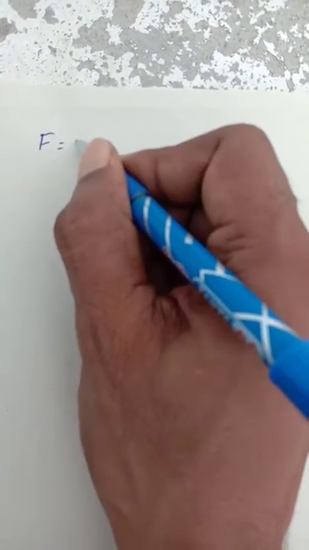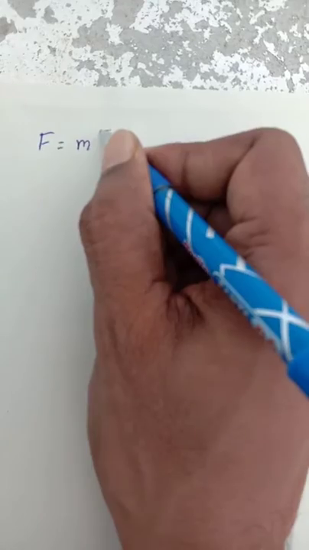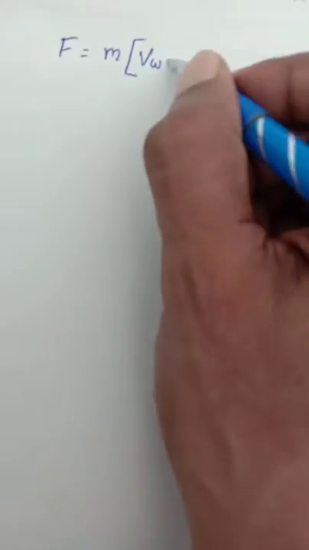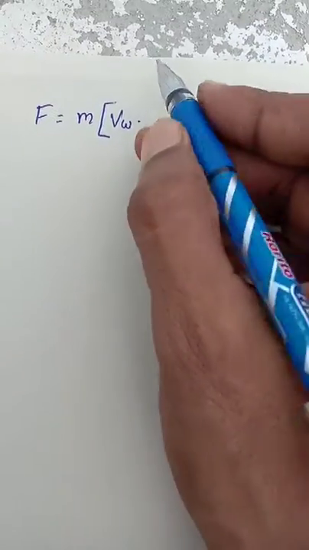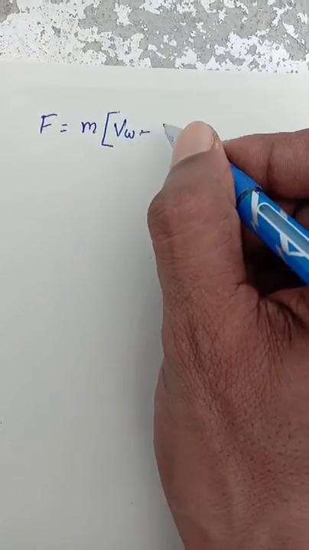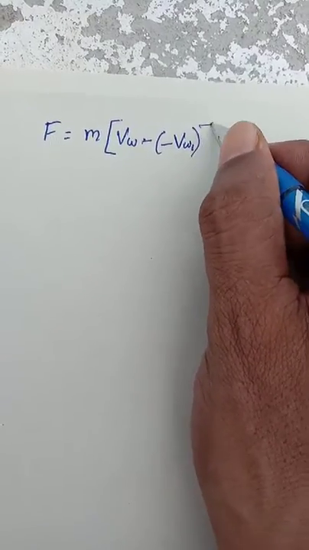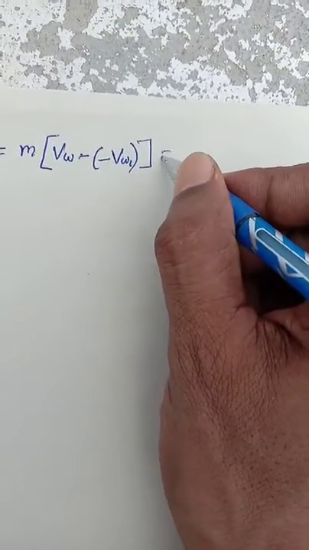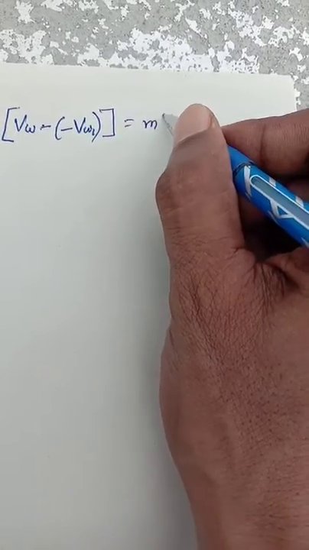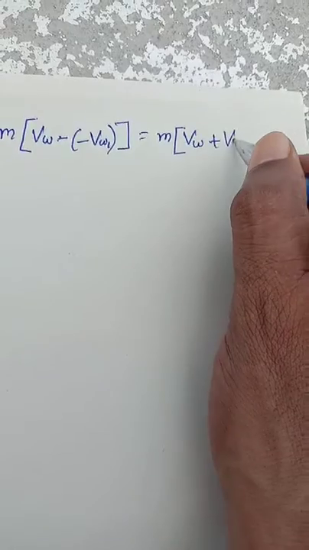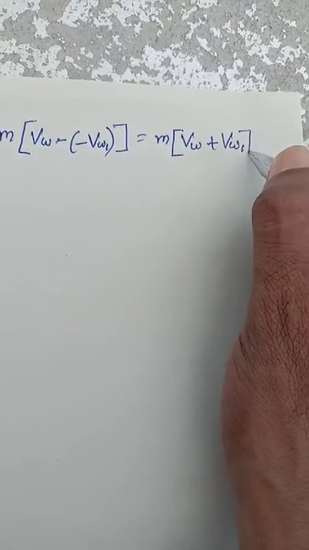Okay, then here force F is equal to m into VW minus of VW1. Then we can write this as m into VW plus VW1.